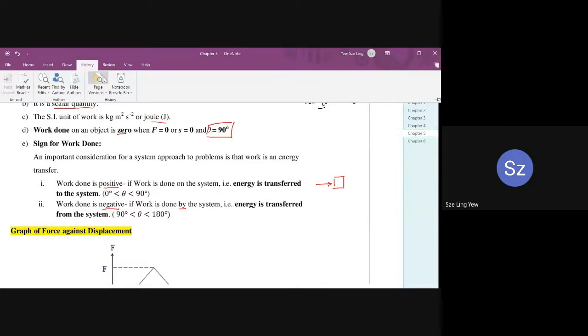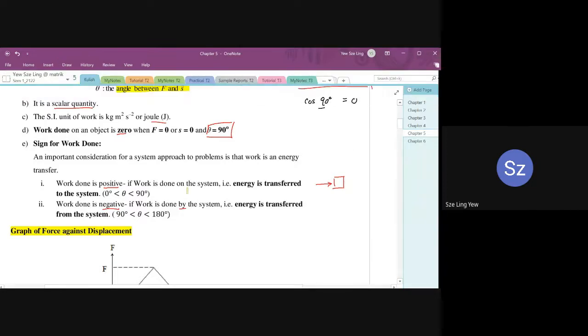So you remember the keywords. Sometimes the question will tell you work is done on the system or energy is transferred to the system. Then you yourself have to know the work given is positive. If the question mentions work is done by the system or it is transferred out from the system, then you yourself have to know that the value given is negative if you are not given the angle.